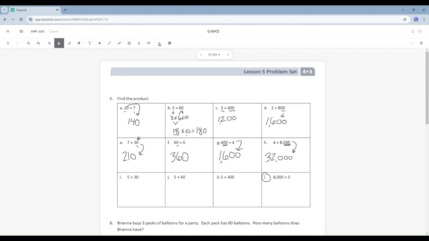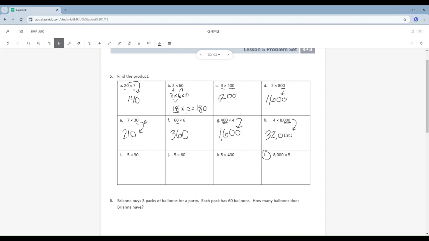So if I have 1 zero in my problem, I'm multiplying by a multiple of 10, I should end up with a 0 in my answer. Multiplying by a multiple of 100, I should have 2 zeros in my answer. If I'm multiplying by a multiple of 1,000, I should have 3 zeros in my answer.